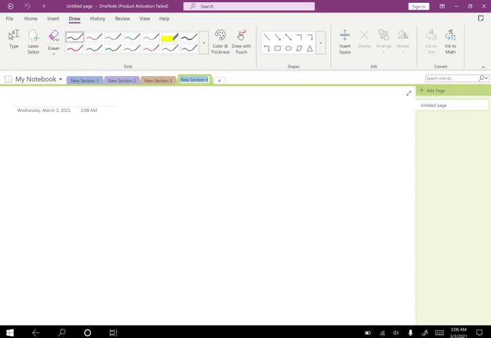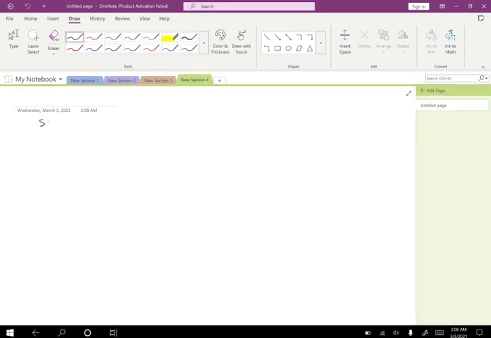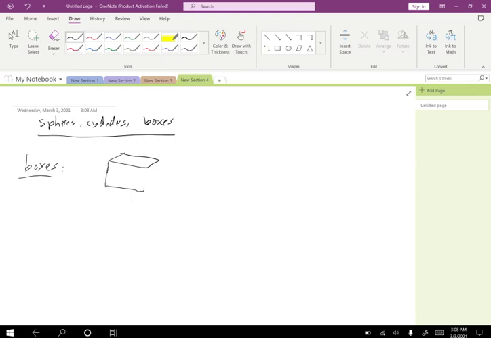So let me just go over real quickly how you actually get some of these normal vectors and check that we have the right orientation. Again, my favorite surfaces are spheres and cylinders. And I suppose we can also include boxes, but boxes are kind of easy. Well, let's start with boxes. So how do you get that normal vector?